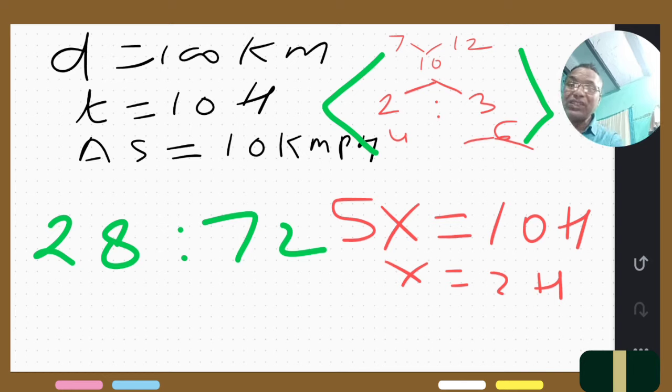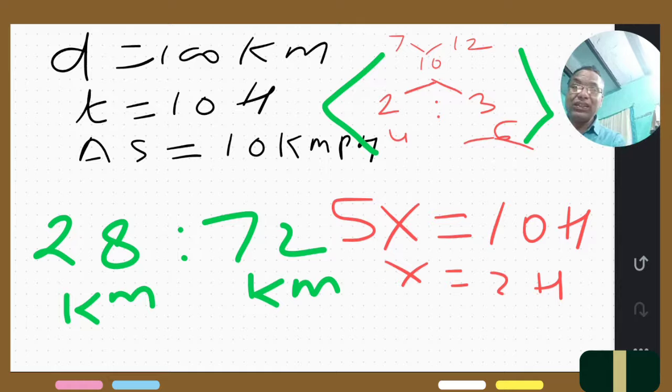Means in the first part the person covered 28 kilometers and in the second part covered 72 kilometers. So that way we can find the distance covered in parts. Means 28 kilometers he covered by walking and 72 kilometers he covered by running. That way we can solve this question.